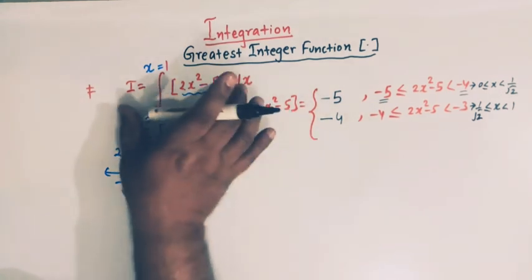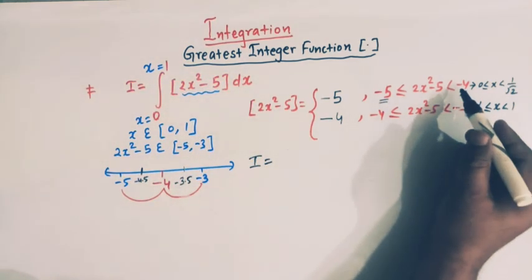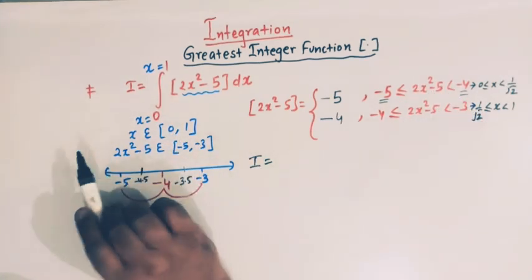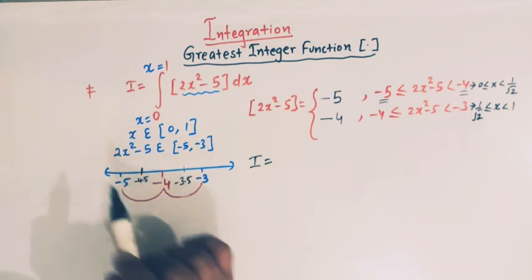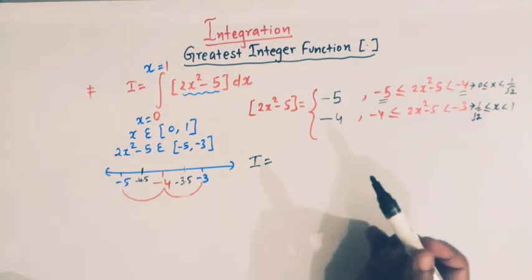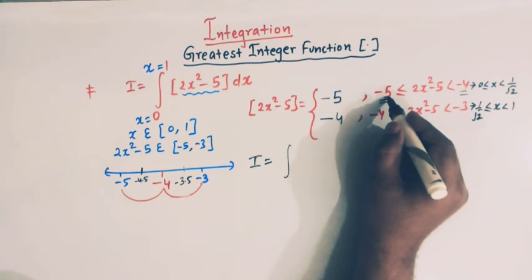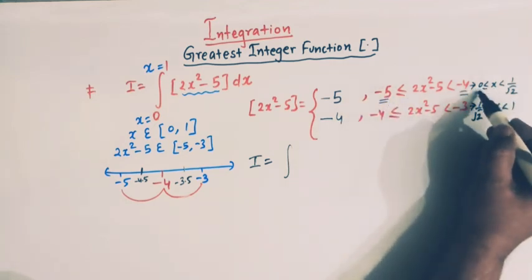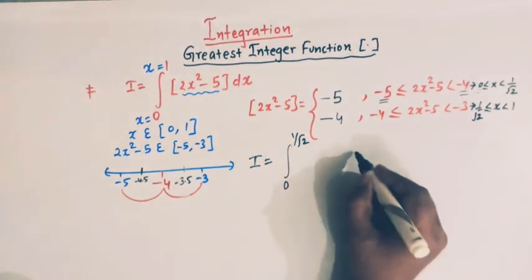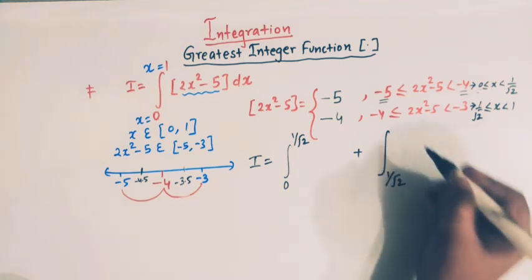So now we'll express this integral I in terms of the sum of these two integrals, that is by using the additive property of integrals, we can split this integral into two integrals, that is from minus 5, here we have 0 to 1 over root 2, and then we'll have the integral from 1 over root 2 to 1.